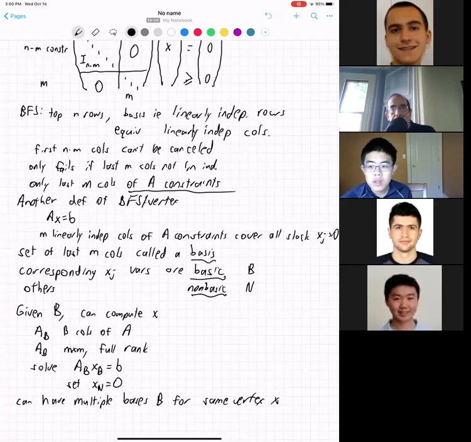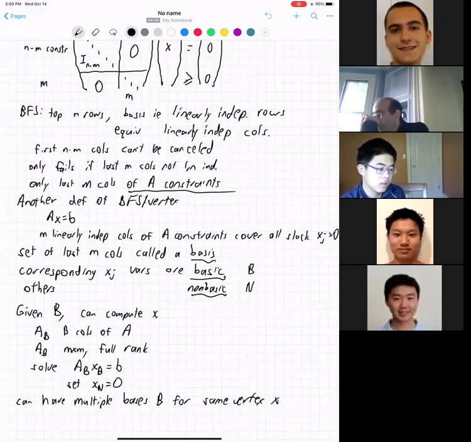We can have more than n minus m tight constraints at 0. Exactly. At least that much.